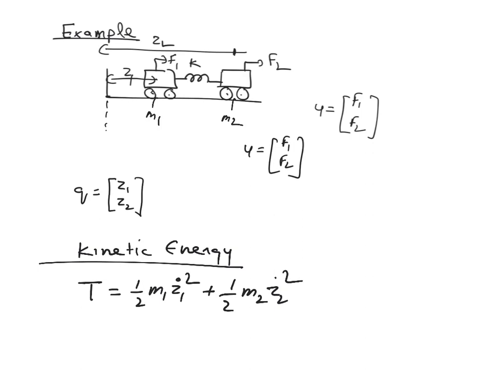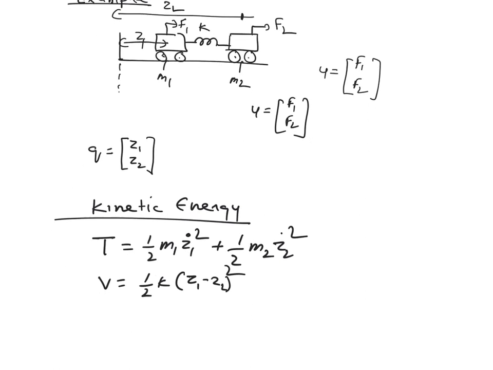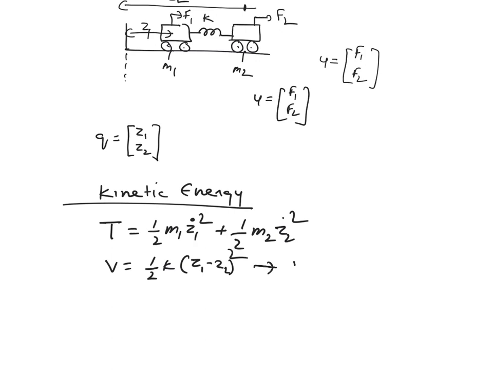When there is a displacement in the spring, it gives an opposite, restoring force, so we have potential energy V equals half K times the total displacement, which is Z1 minus Z2, whole squared.